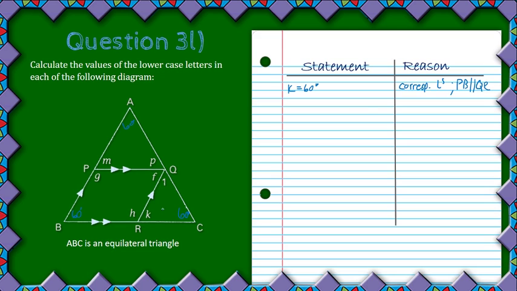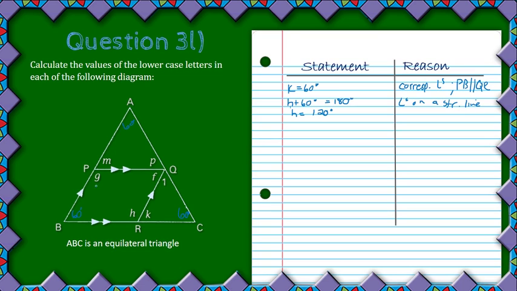Right, now next up we can solve for H because we've got angles on a straight line, so that's quite simple. So H plus 60 is equal to 180 degrees, angles on a straight line. So therefore H will be equal to 120 degrees if I subtract 60 from 180.